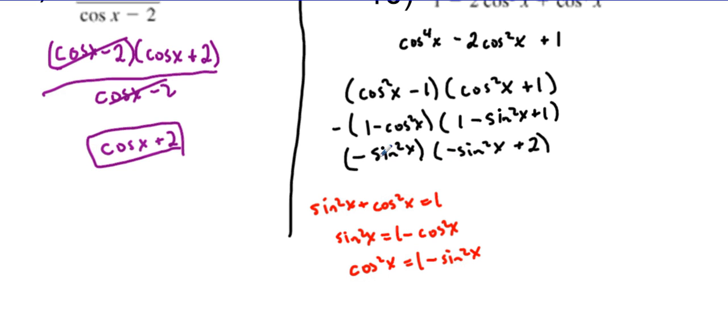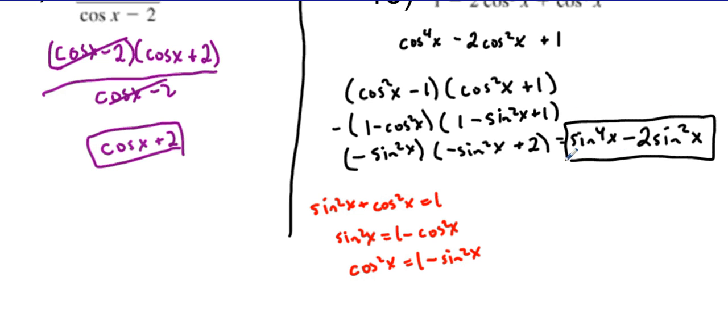If I distribute that sine through, I don't know if that makes it more or less simplified. But we have sine to the 4th x minus 2 sine squared of x, and we could just keep it like that and call it a day.